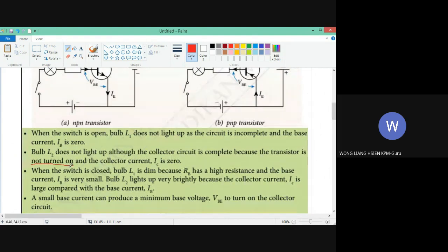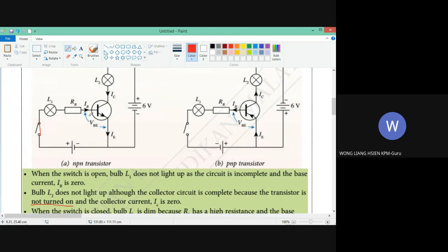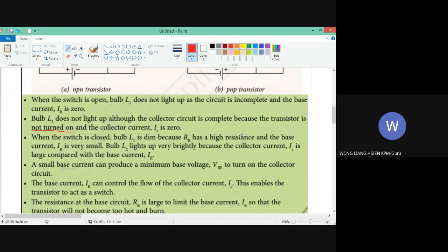When the switch is closed, that means on, bulb L1 is dim because RB has a high resistance. You see here, in this circuit they connect a big resistor. RB has a high resistance and the base current is very small.